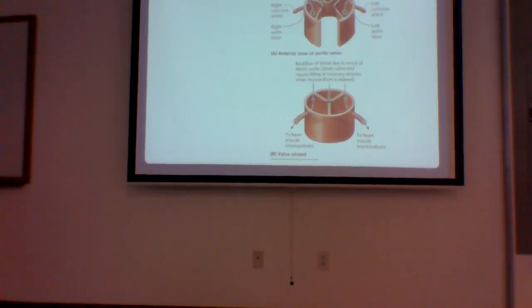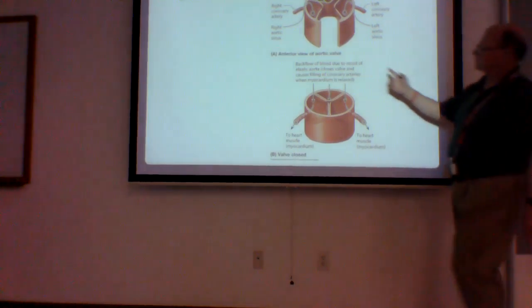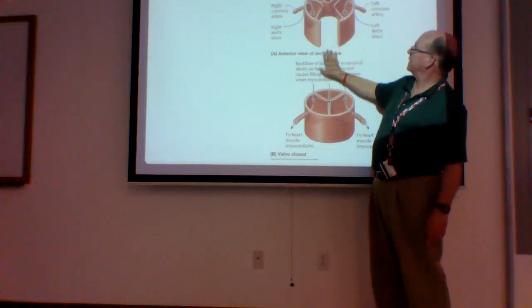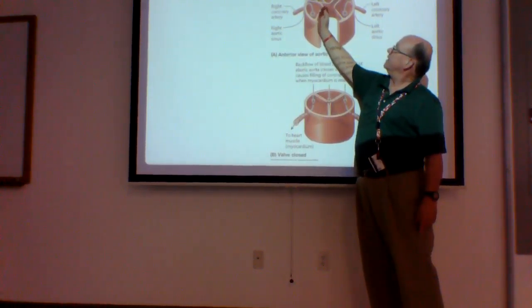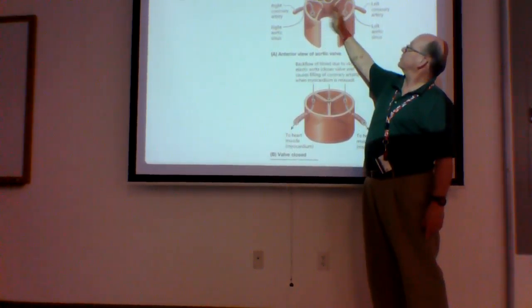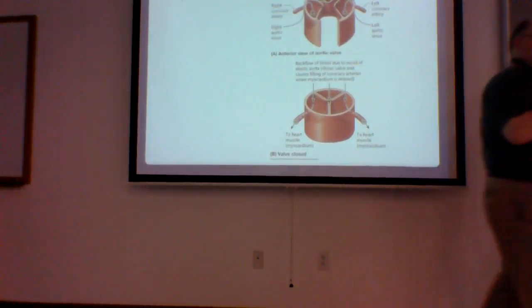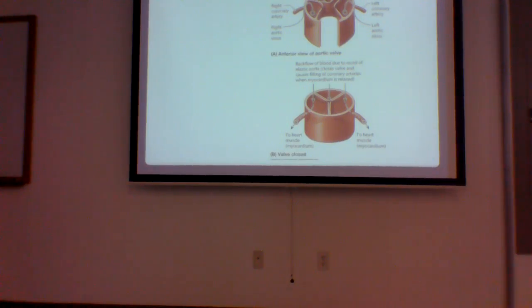But now think about the fact that if the left ventricle is pumping and pushes blood up, then these cusps are going to slide open, and they're going to obscure the opening of those coronary vessels. So during ventricular contraction, the flow bypasses the coronary circulation.